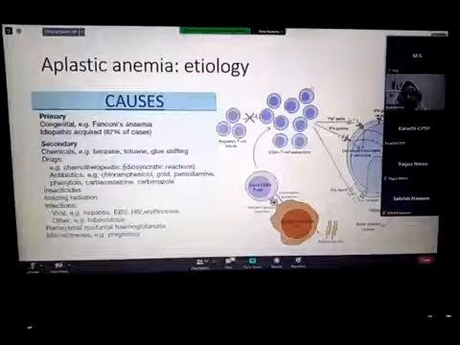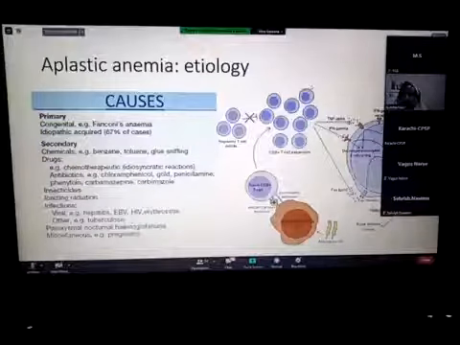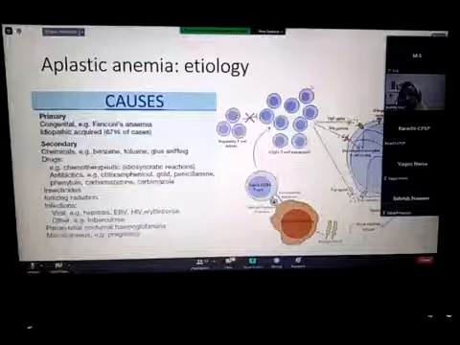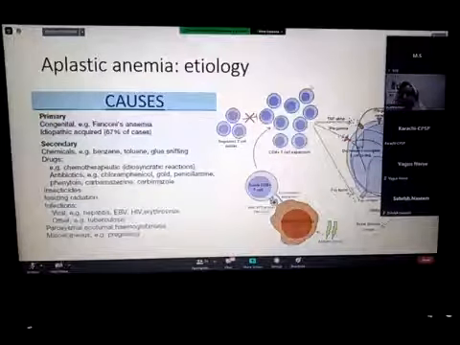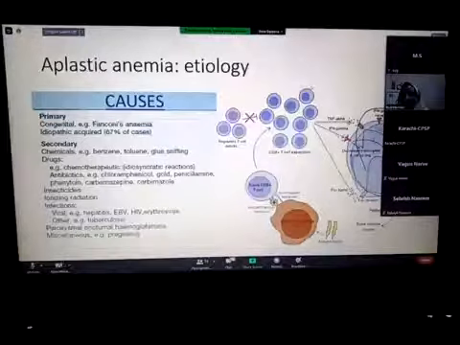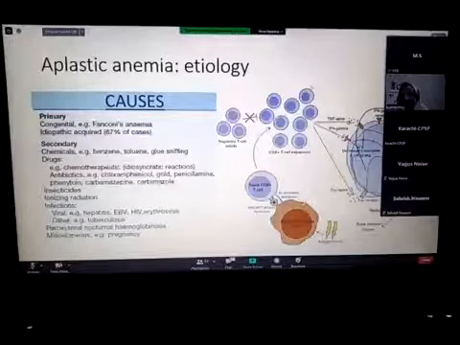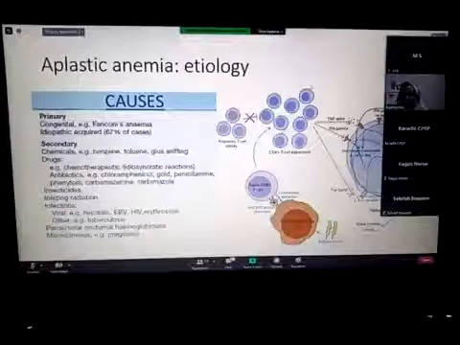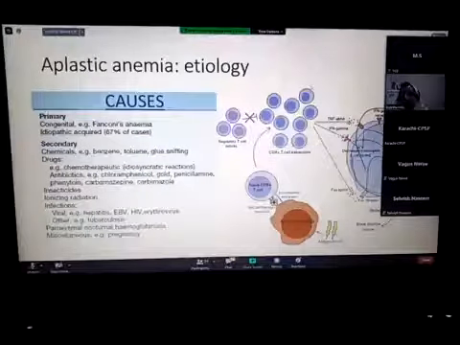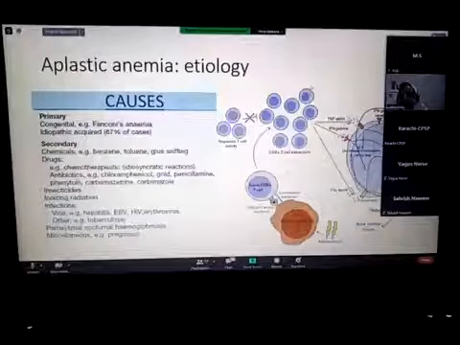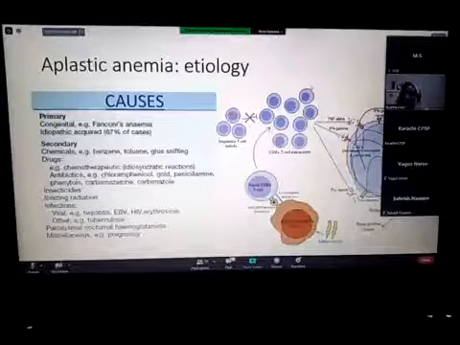And why does this happen? This happens because there is some change in the hematopoietic cell. These hematopoietic cells have some of the antigens changed, because of which the T cells become activated, and they stimulate T cell expansion, and they release tumor necrosis factor alpha and gamma interferon that destroy the hemopoietic stem cell.